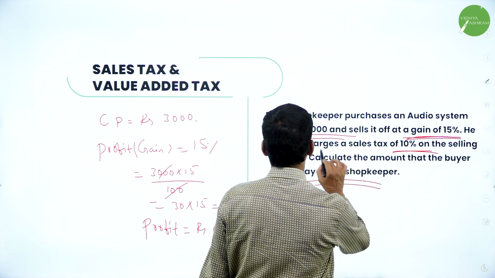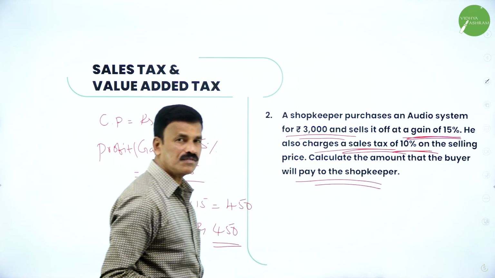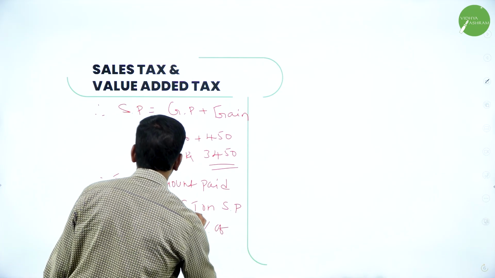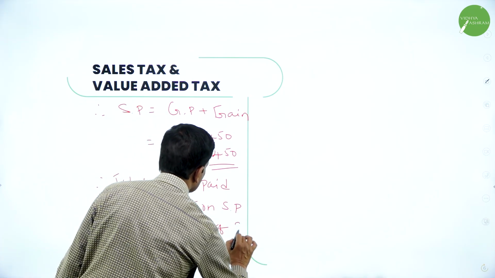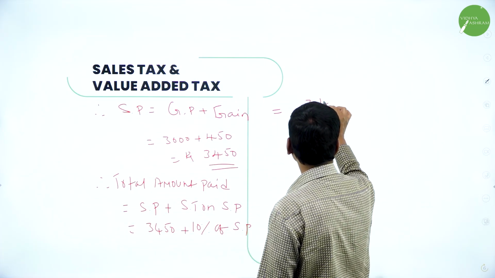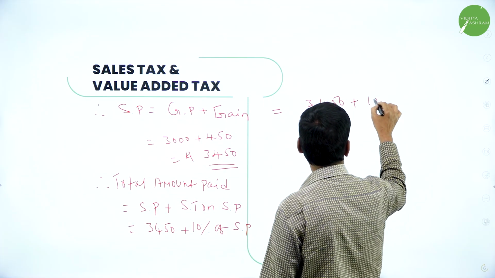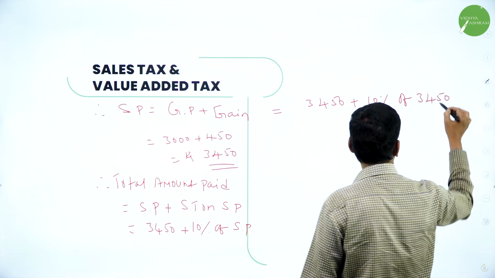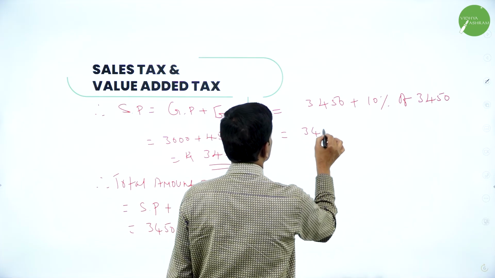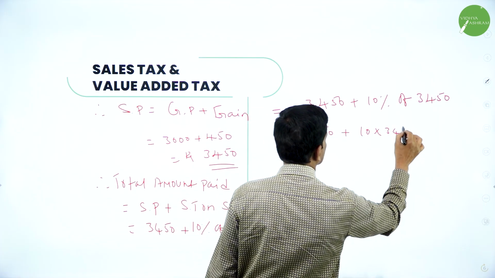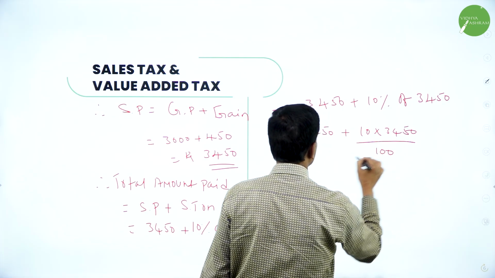Calculate, yes. He charges a sales tax of 10% on the selling price. So 10% of this selling price: 3,450 plus 10 into 3,450 divided by 100.